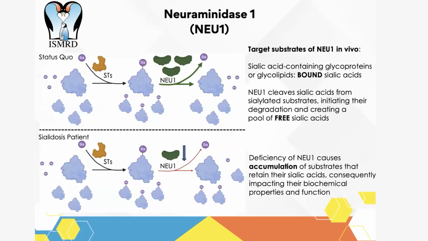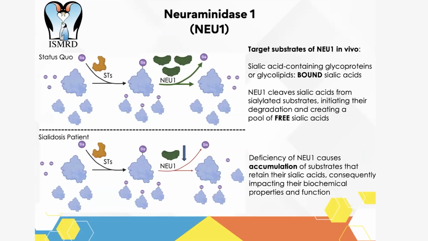Neuraminidase 1 is a sialidase, so this is where sialidosis gets its name. It's responsible for processing the terminal sialic acids on any number of proteins in our body, also lipids that have these sugar tags that contribute to their function.